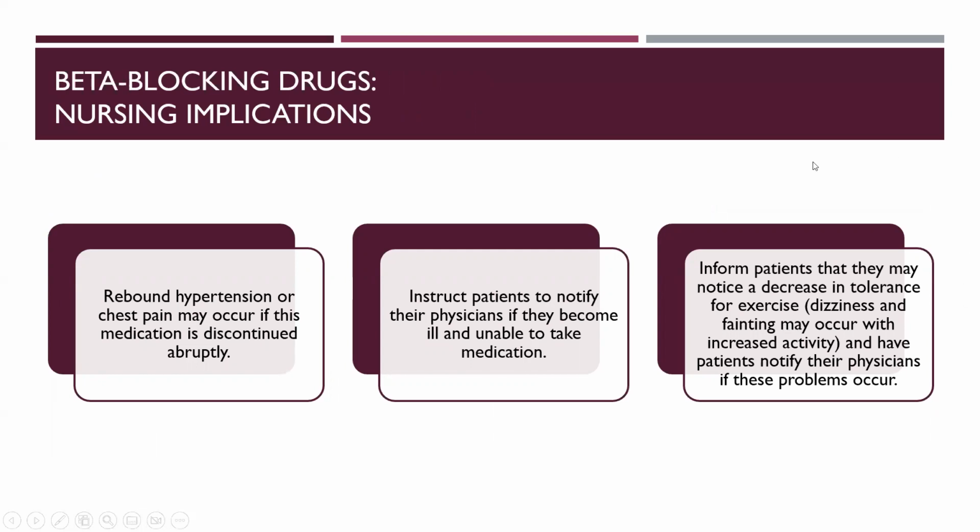So for example, with atenolol, if the patient decides to stop it abruptly, you can tell them you may not want to do that because you can have rebound hypertension, or you can potentially have chest pain because your body's not used to not having that blocker. You want them to let someone know if they become ill and they're not able to take the medication, and inform patients that they may notice a decrease in tolerance for exercise and have them notify the physician if these problems occur.